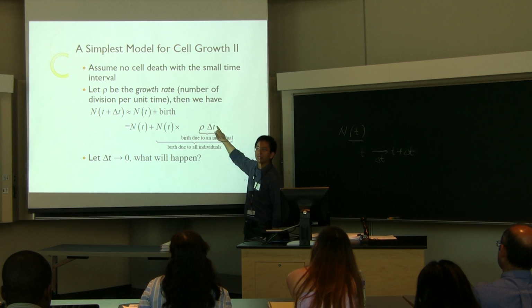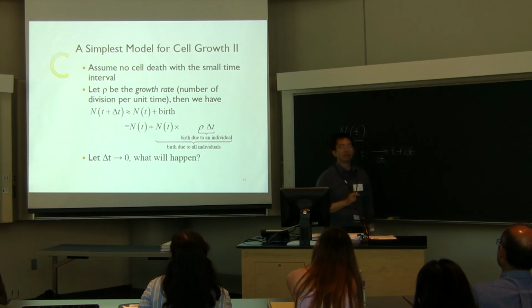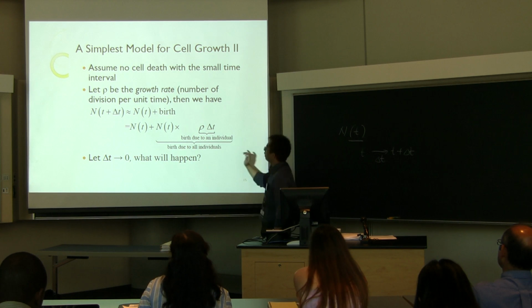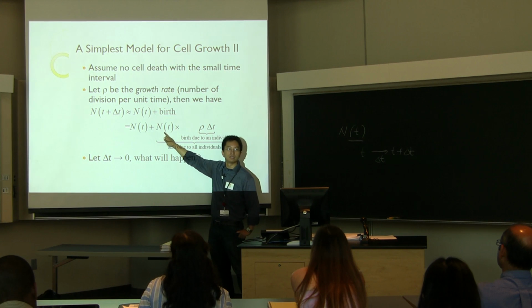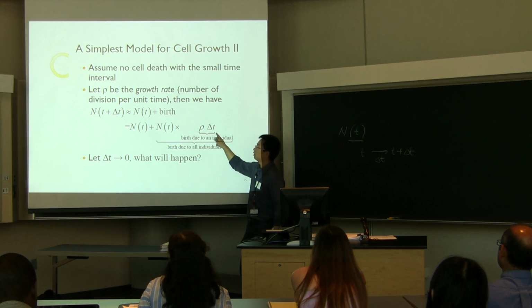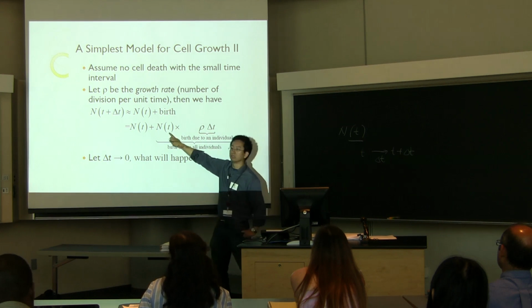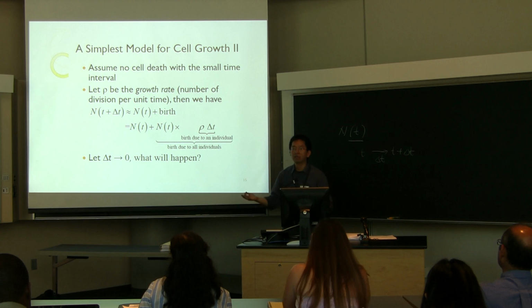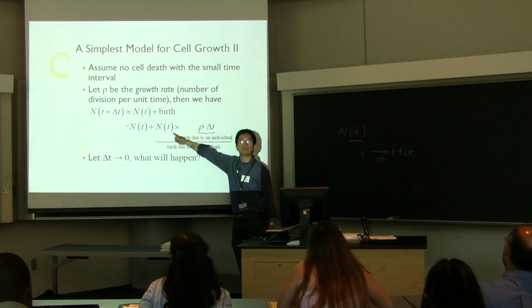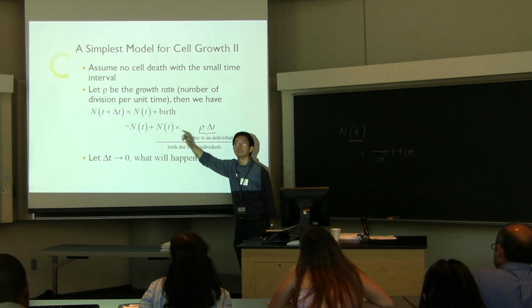You multiply by the time length, and you get the number of divisions during this time period. Is that clear? However, at time t, how many cells do we have? We have N. We don't just have one cell. All the cells are capable of proliferating or dividing, so that's why I also multiply by N here.